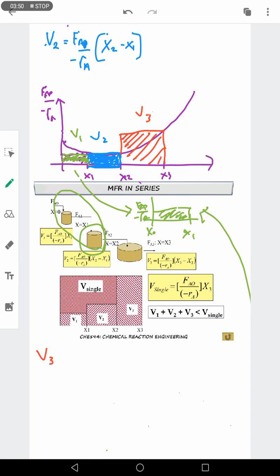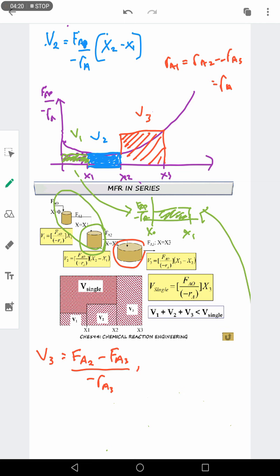So V3 yang ini dia adalah FA2 minus FA3 over negative RA3. So just now I mentioned that RA1 is equals to RA2 equals to RA3, which is equals to RA. Okay.